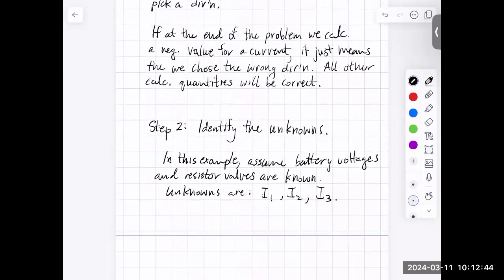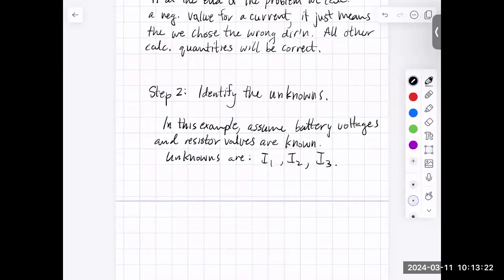If we have 3 unknowns, like we do in this problem, what it's going to require for us to solve the problem is that we have to construct a system of 3 independent equations that all involve the unknowns so that we can solve them. When I say independent equations, what that means is I can't take 2 of the equations and then use them to construct the third one. If that was the case, then that third equation would not be independent of the first 2.